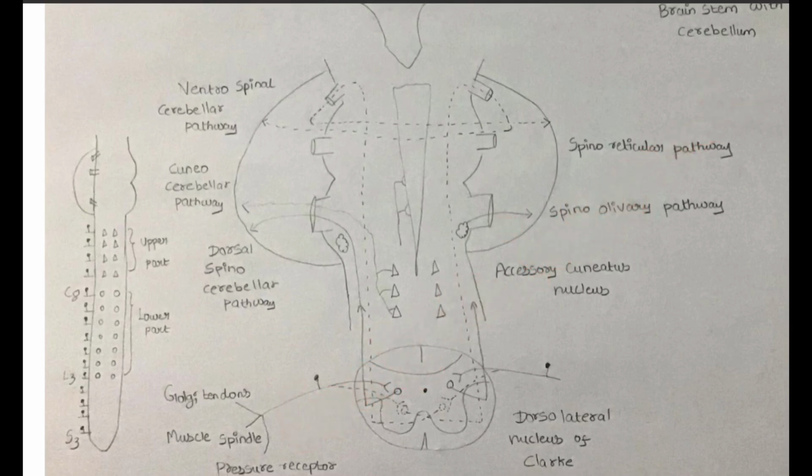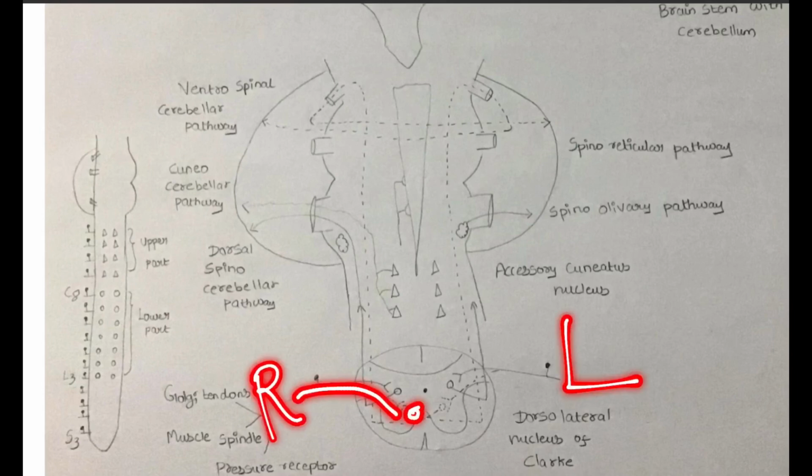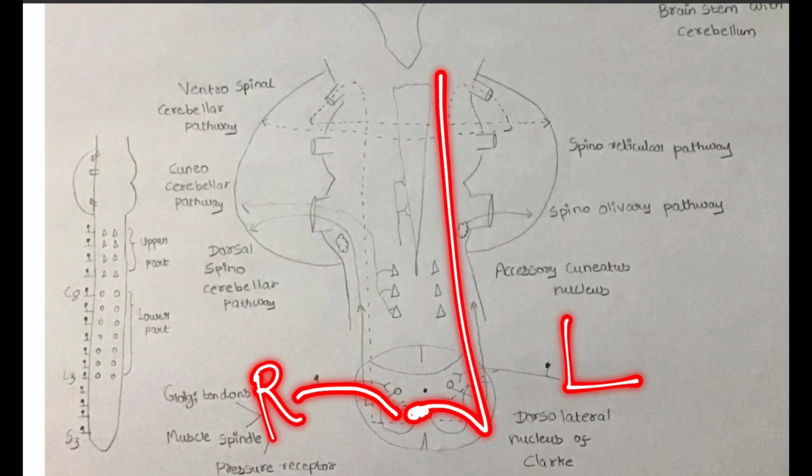So here, for example, just take this sensory nerve fiber is on the right side and this is the left side. This sensory nerve fiber meets the second order neuron on the right side, and it goes to the opposite side, that is the contralateral side, and it moves upwards and through the superior peduncle it goes to the cerebellum and again goes to the same side from where it started, that is the right side.